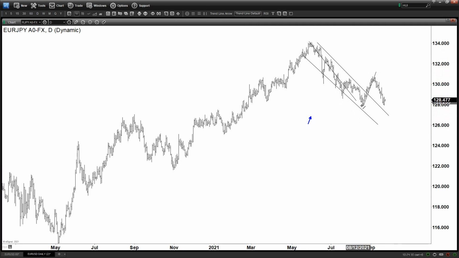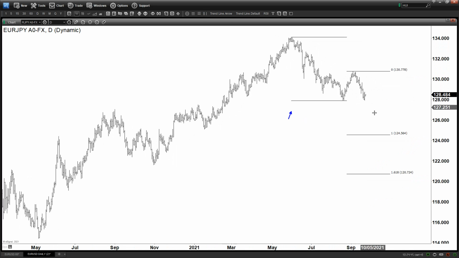So this is one cycle, this is another cycle. Now we are about to break below the low. So what does that mean? That means this is your connector here from the peak, and you simply need to measure the extension, and it can target the next 100% extension to this area. So that's a pretty long distance away to the downside.